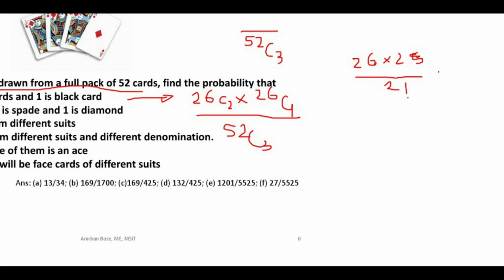Similarly, 26C1 will be 26 divided by 1 factorial, because from the top we write only one term.